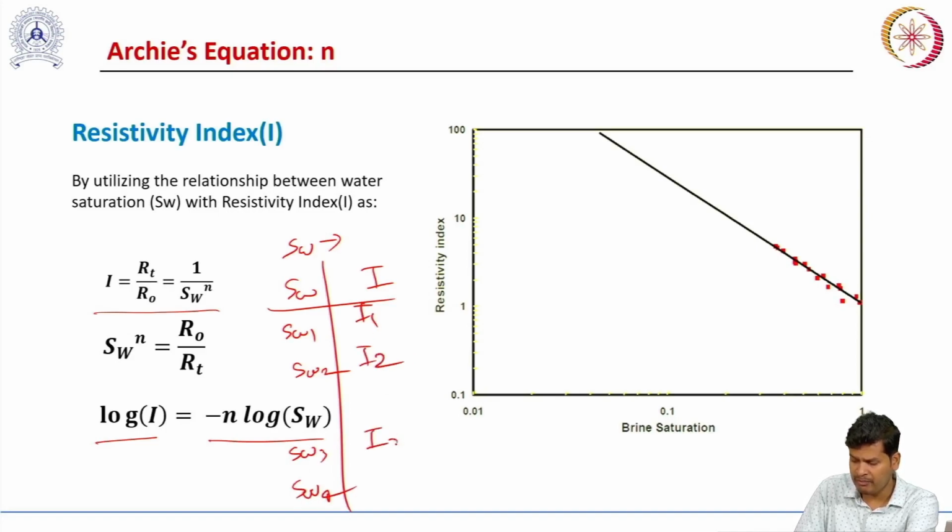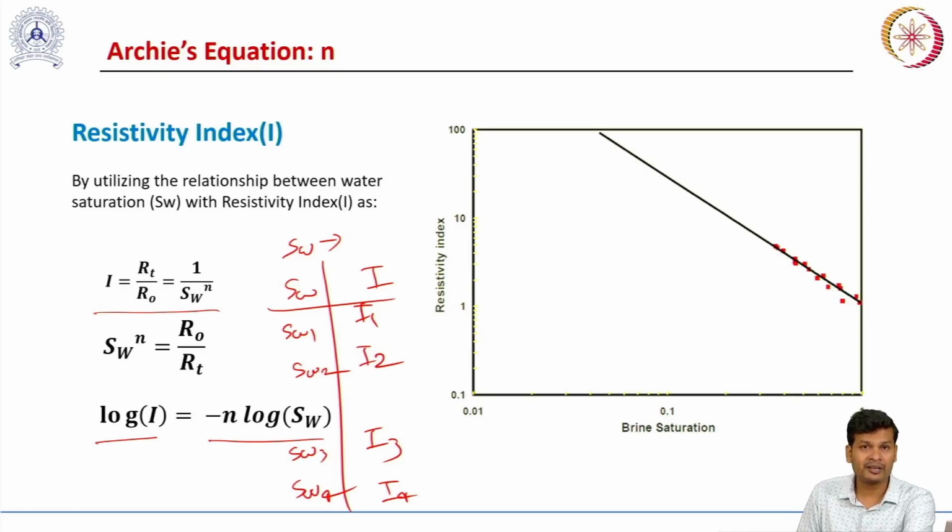You can also use a number of core samples, or a single core sample could be saturated with different water saturation values. So in a zone where you want to calculate the saturation exponent, we'll take a number of core samples from that zone, and then try to calculate in the laboratory what the resistivity index values are at different saturations.